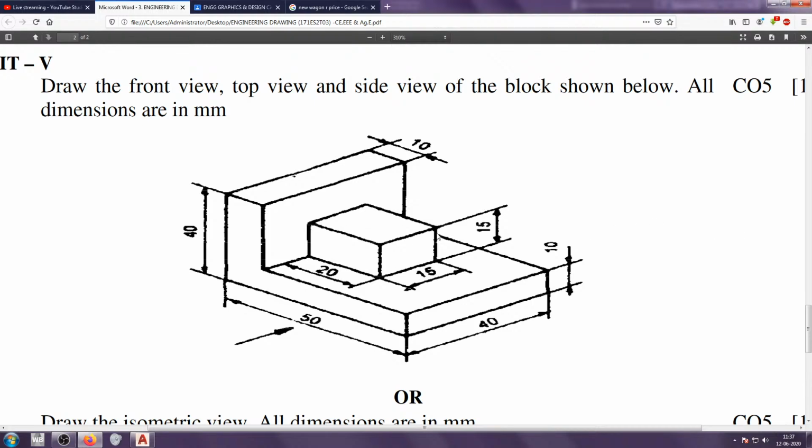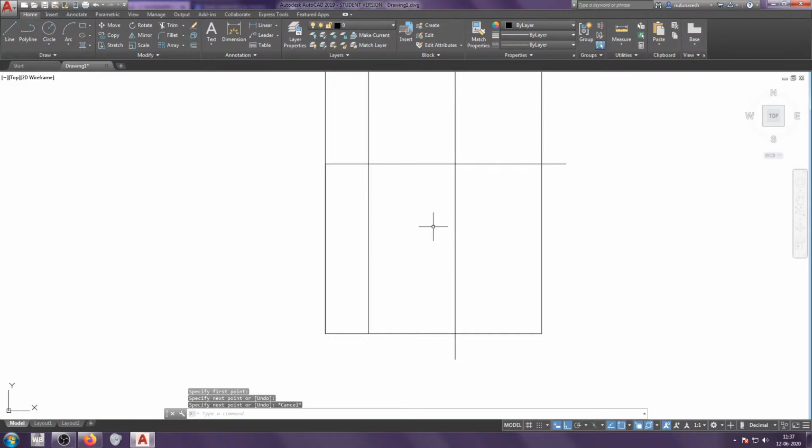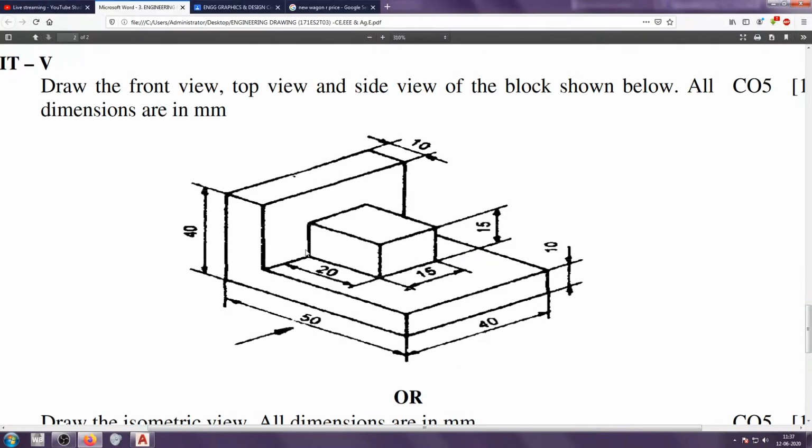And now we need to create this rectangular block of 20 by 15. Previously we've used 20 by 15. Now we need to create a face with 20 by this 15. Of course both are 15, but this 15 and that 15 are different. So from this edge, at what dimension do we have to start? See here, this total dimension is 40.